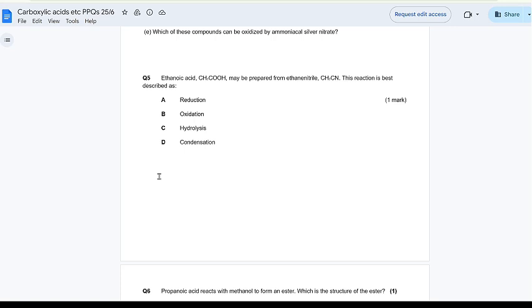If we're analyzing the oxidation states here, there's a lone pair on the CN, which means it's probably gonna donate its electrons.